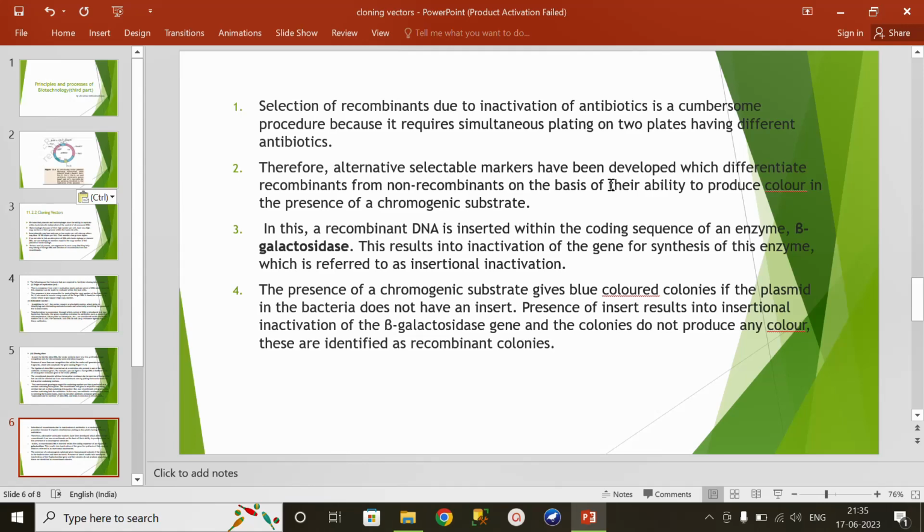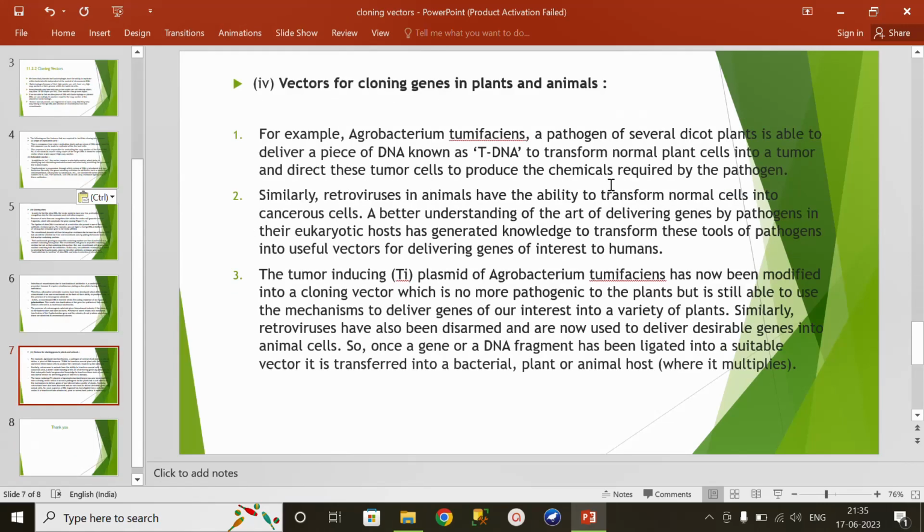See, beta galactosidase is a chromogenic substrate consuming enzyme. So if we insert foreign DNA inside beta galactosidase, then the transformants will not produce any color, while non-transformants can produce blue color. So on the basis of this difference, we can select the transformants.